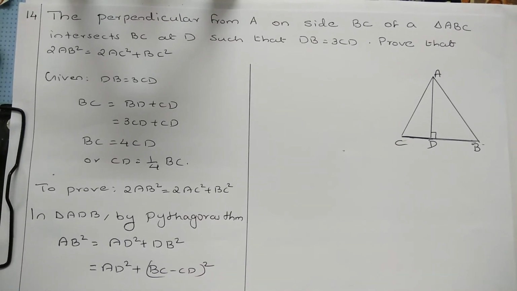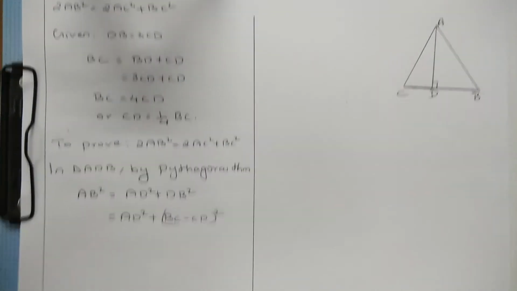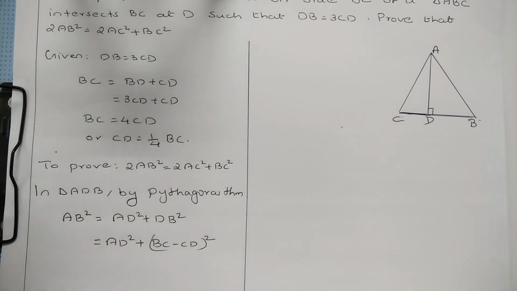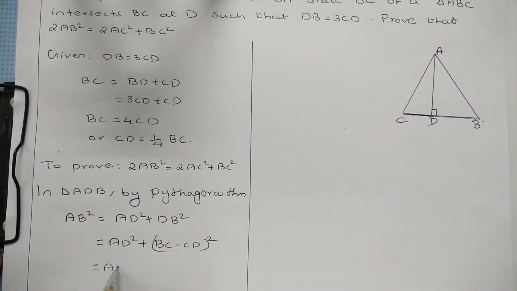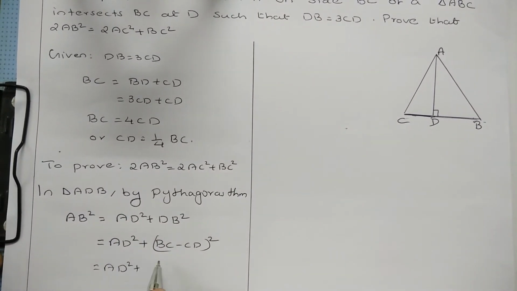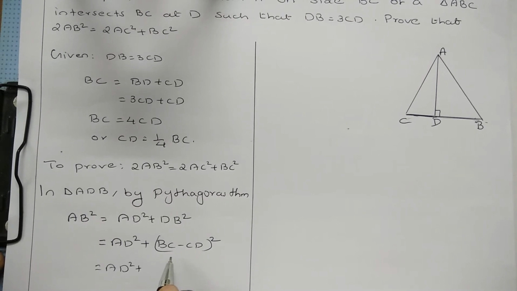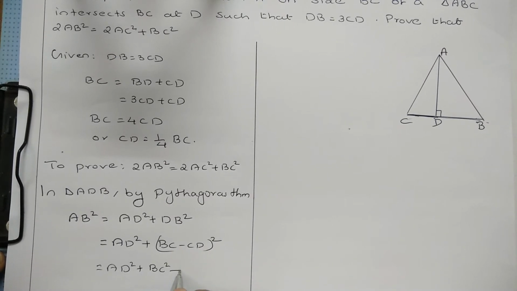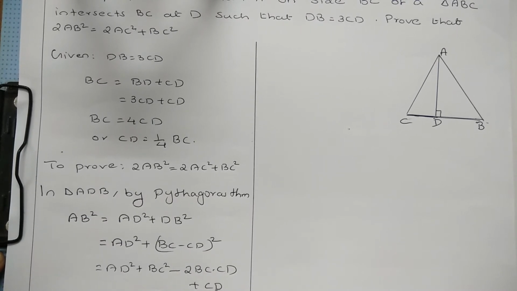Now this is A minus B the whole square. So here this is an identity, not Pythagoras theorem, and you have to apply the identity. You will get AD square plus BC square minus 2 into BC into CD plus CD square.